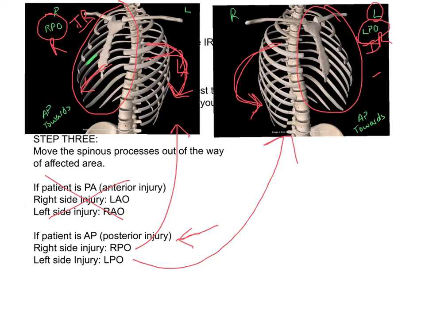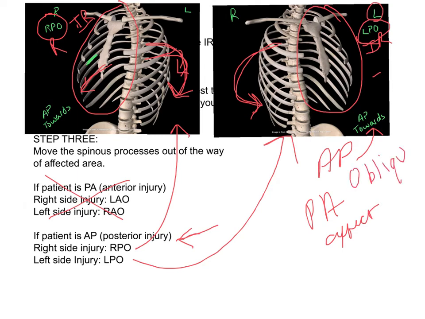Okay, we originally started in an AP, which means AP towards affected side towards the IR. A PA is the affected side away from IR. And these are obliques only. That's why I tell you to stop at step 3.